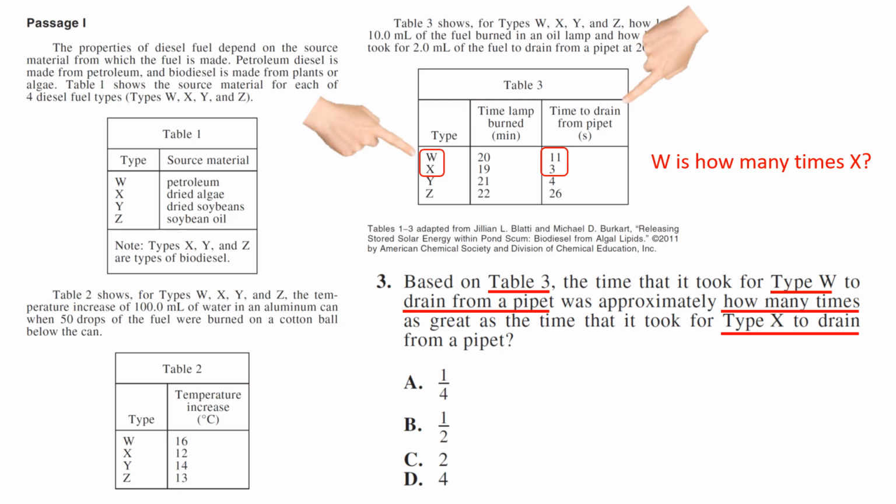Type W is how many times type X. So 11 is W, 3 is X, so 11 is how many times 3, or 3 times what equals approximately 11? So 3 times 4 is 12, that's approximately 11, or as close as you're going to get on this one from the multiple choice, so your answer is D.